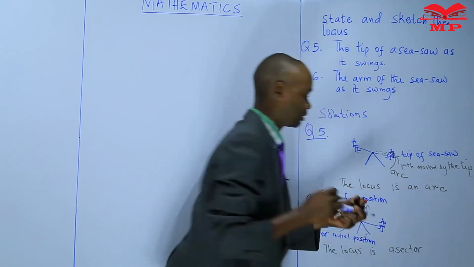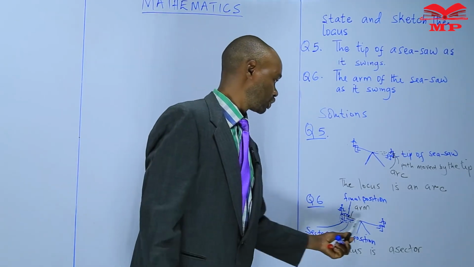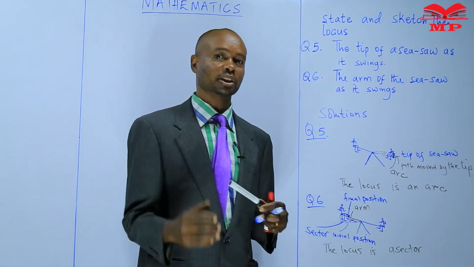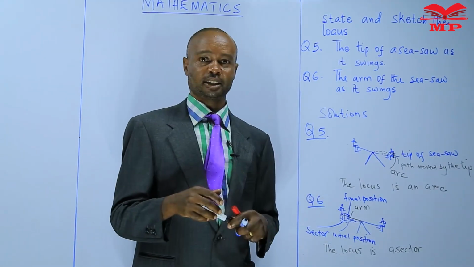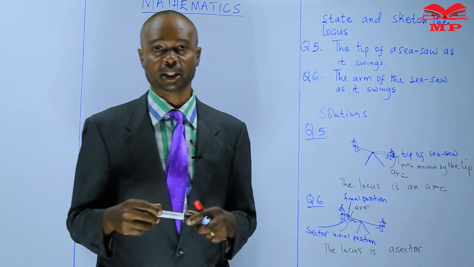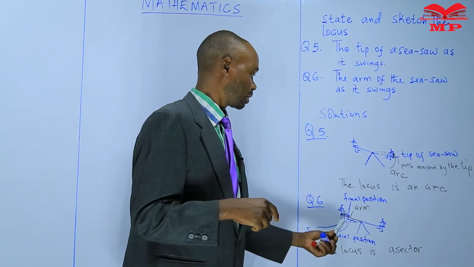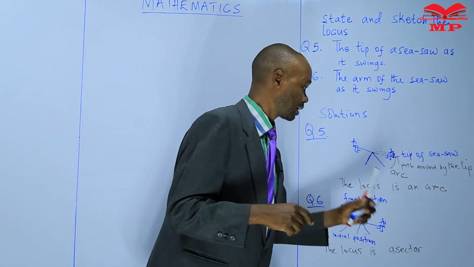And note very carefully, in question 5 we had a point, in question 6 we had a line. A line in most of these cases will sweep out an area which we call a sector. If you complete it, it will be a full region of a circle, but it's just a fraction of it. That's why we call it a sector.